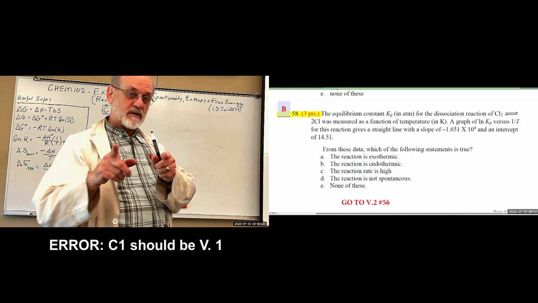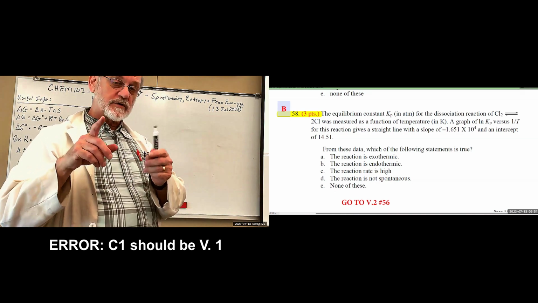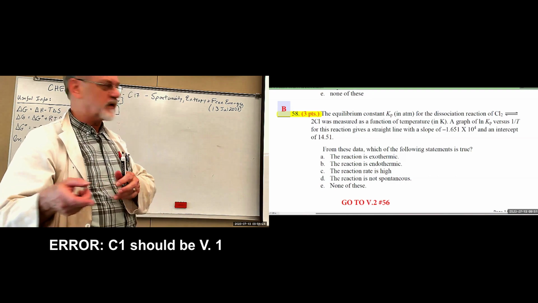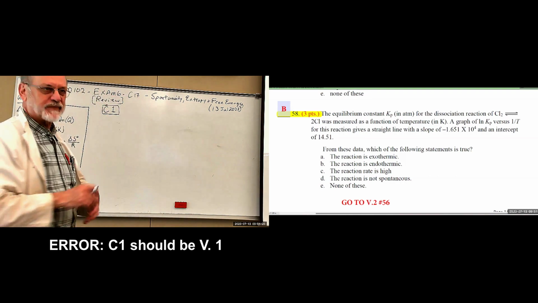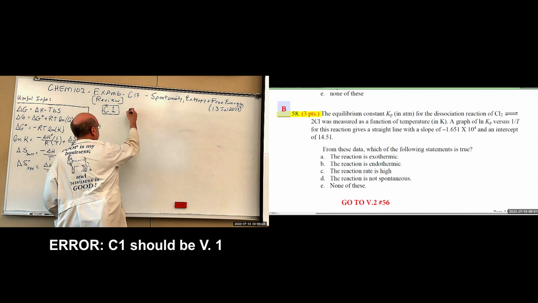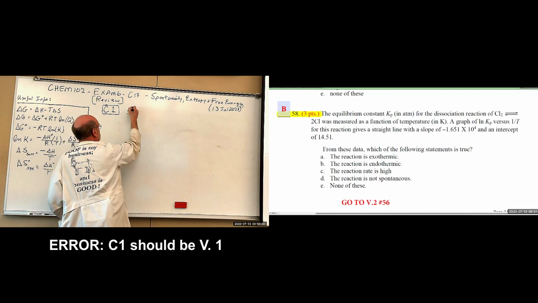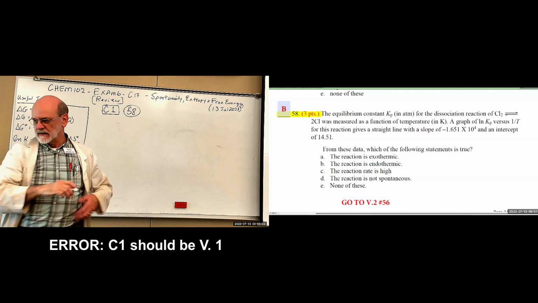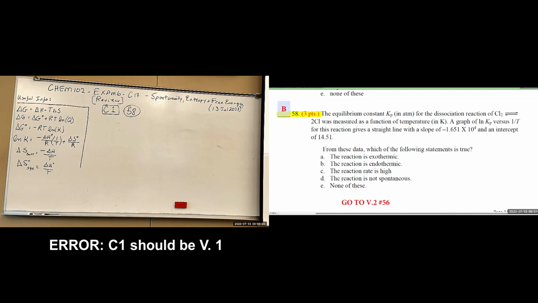So we're going to do this one, and then we're going to skip over to version 256 so I don't have to write it up there again. And then we'll come back if need be. Do we need to come back? Yeah, we will have to come back. Okay. So we're on version 158.